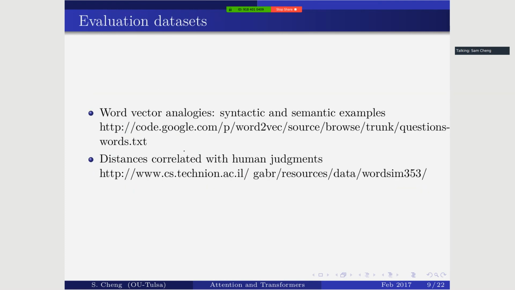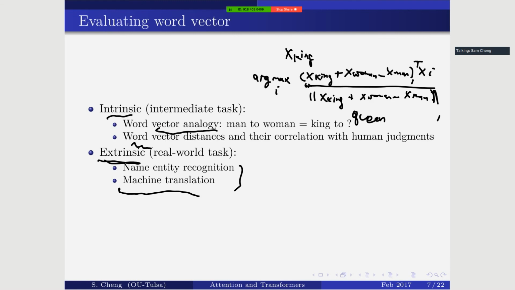They give you two words and you decide how correlated they are. For example, man and woman. They ask lots of people what they think, how correlated these words are supposed to be, give a score from 0 to 10, and then try to have the model fit this judgment.